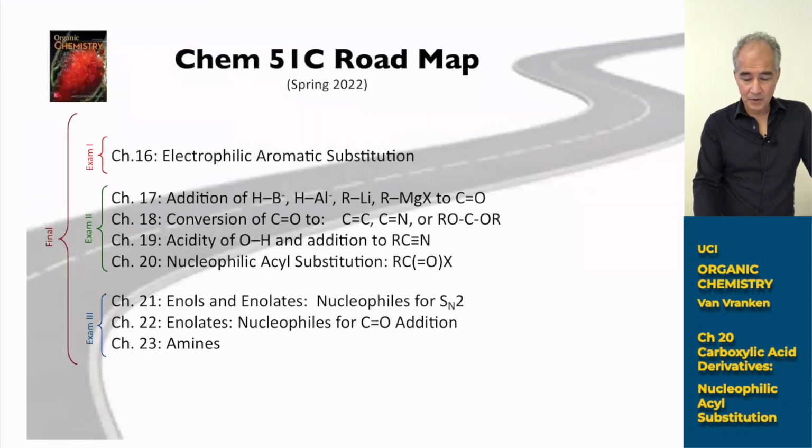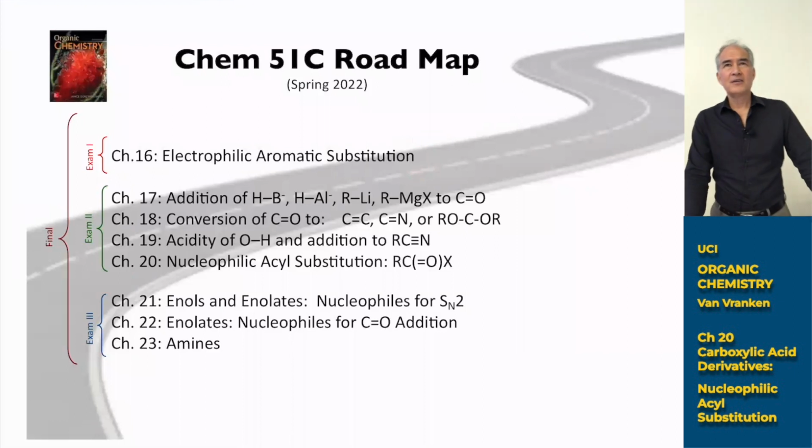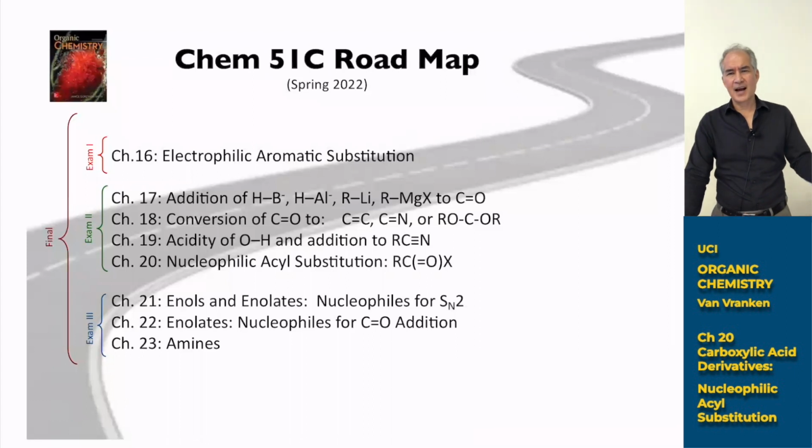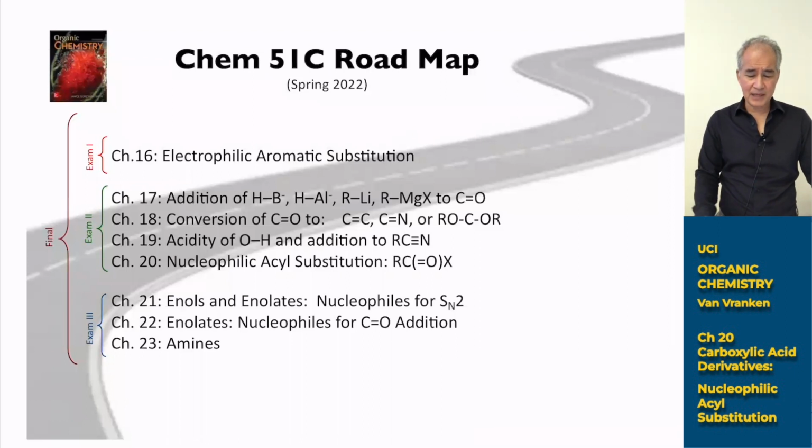You may recall that on our first exam, it seemed like a lot of material, but that was just one chapter. All those reactions of aromatic compounds, doing electrophilic aromatic substitution, a little bit of nucleophilic aromatic substitution with benzynes and addition-elimination, and then some side chain functional group transformations like hydrogenation of nitro groups. It seemed like a lot of material. That was only one chapter.